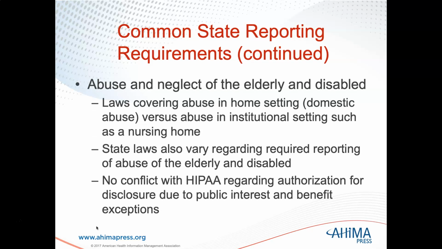There are laws covering abuse in the home setting, known as domestic abuse, versus abuse in institutional settings, such as nursing homes or group homes, or even a hospice facility. State laws also vary regarding required reporting of abuse with the elderly and disabled. There is, again, no conflict with HIPAA regarding authorization for disclosure due to public interest and benefit exemptions.